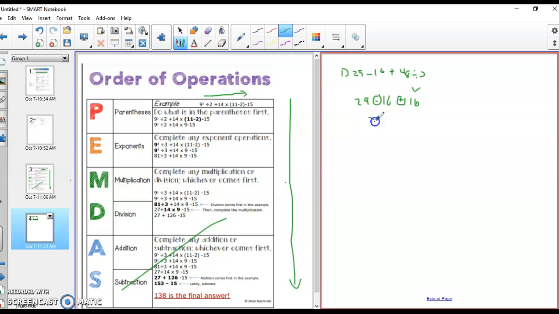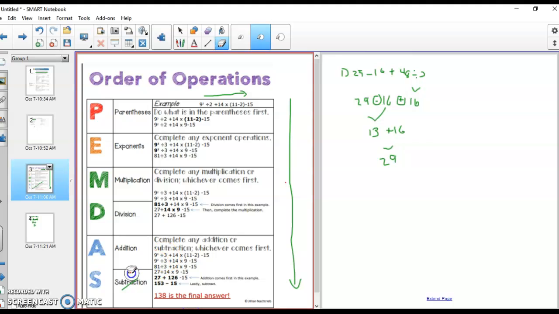So a little caret. Here's my 13. And then I'm going to do my addition, and my 16 I did not use. And now I'm just simply adding 13 plus 16 to get my final answer. So the answer to number one would be 29.